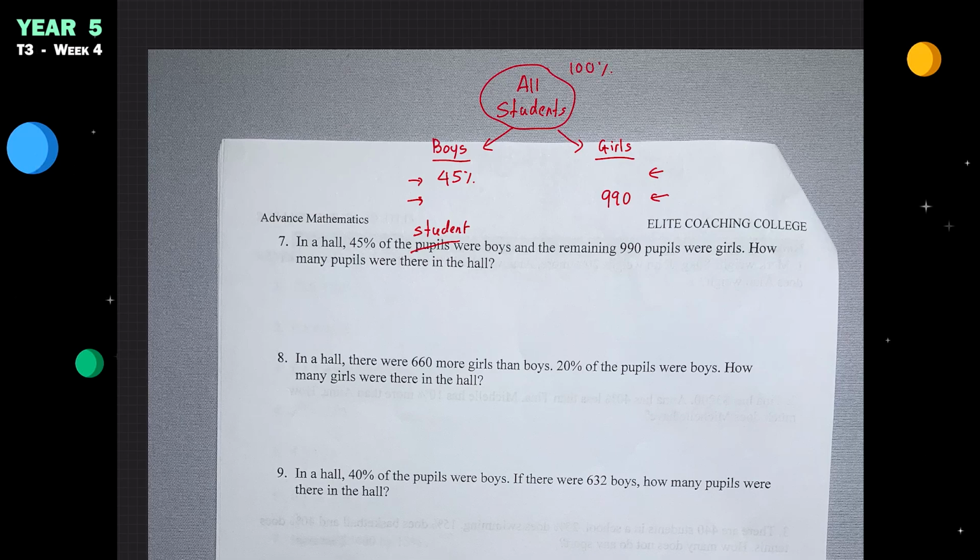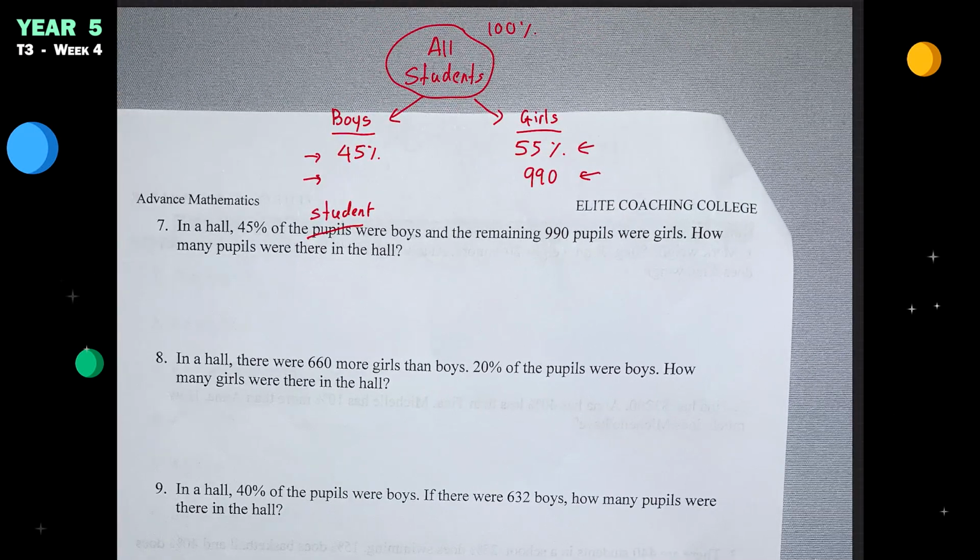So 100 take away 45, that will give you 55%. So 55% of all the students are girls. Now the question is, how many people are there altogether? We can't use the boys' percentage because we don't have enough information to work out anything.